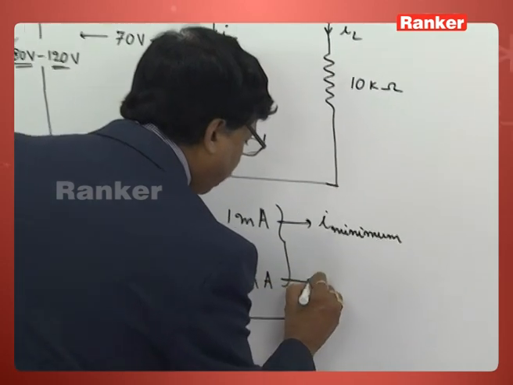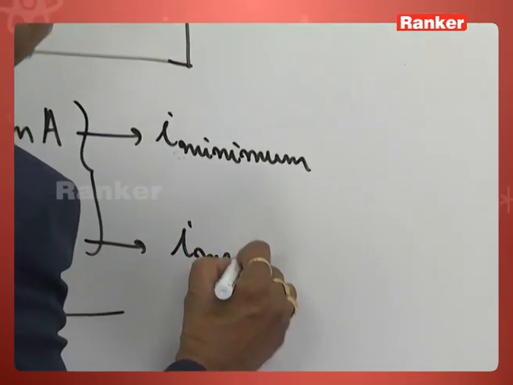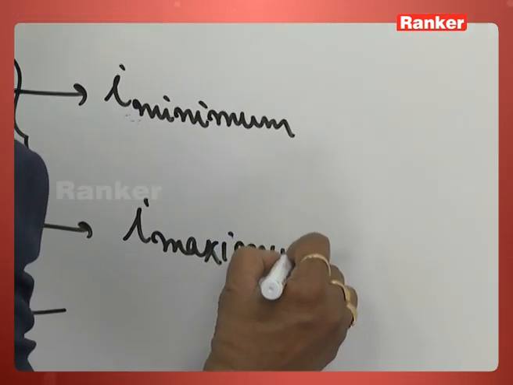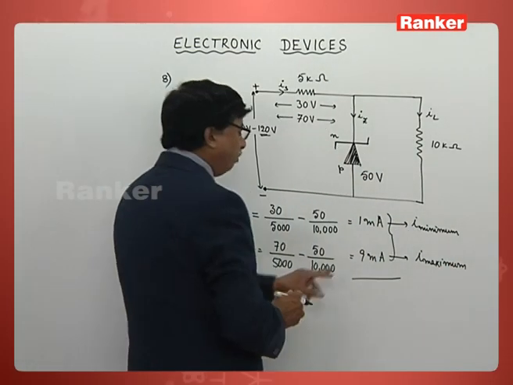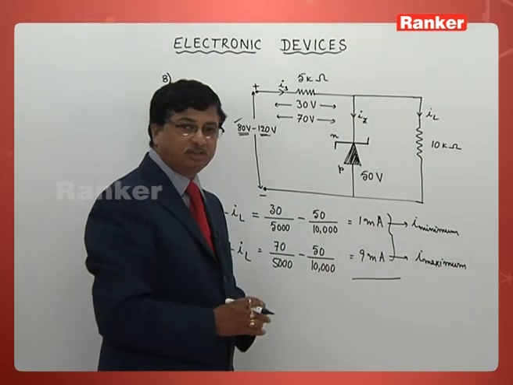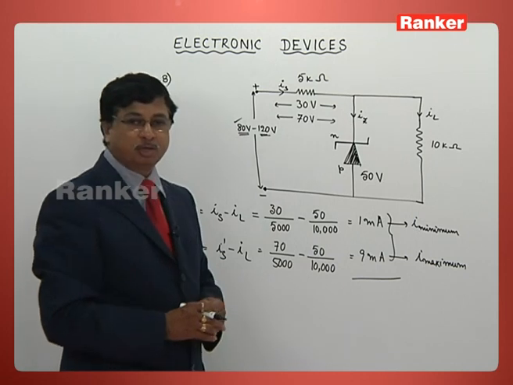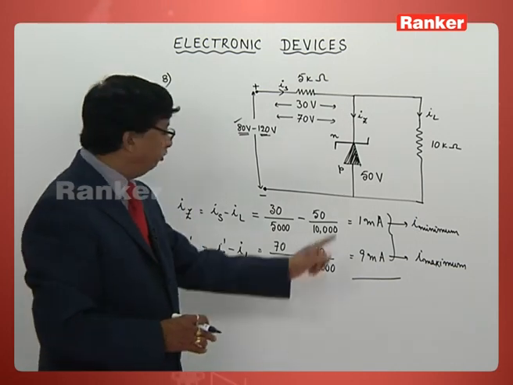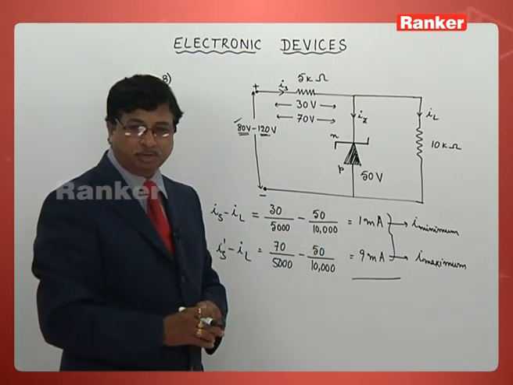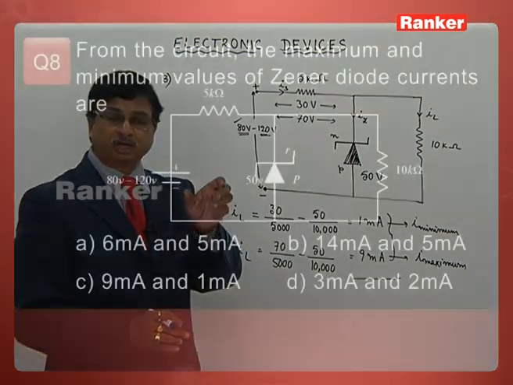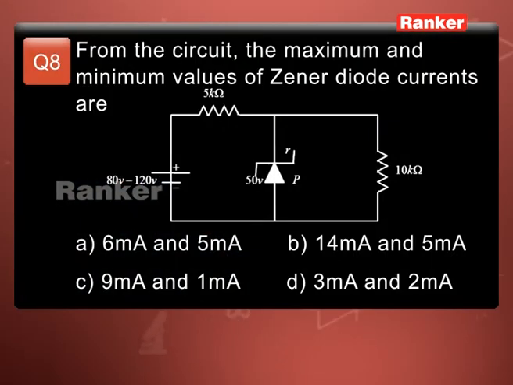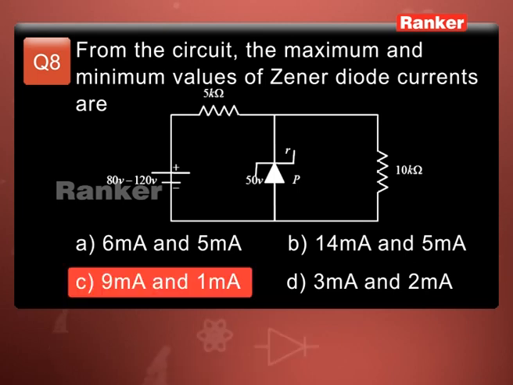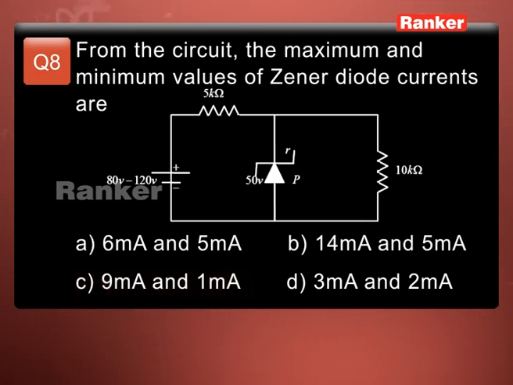And this now to be called as a current maximum in this particular case. So what is maximum current and minimum current is the question. So maximum current becomes 9 milliampere and minimum current becomes 1 milliampere. Both of course are given in the third option for us. Therefore, the correct answer for this one is going to be C as such.